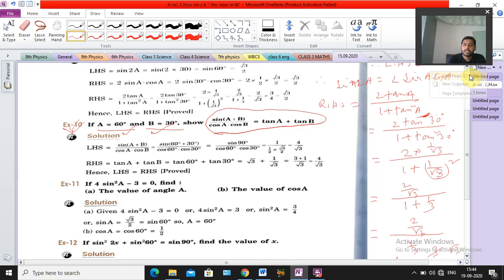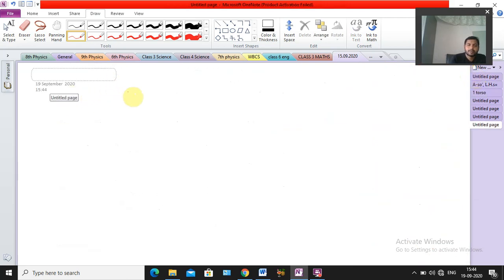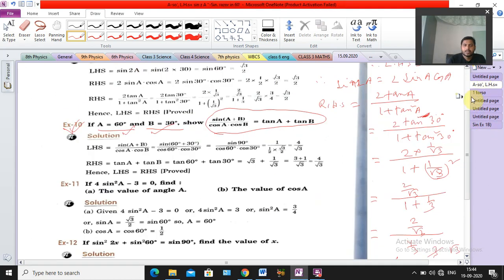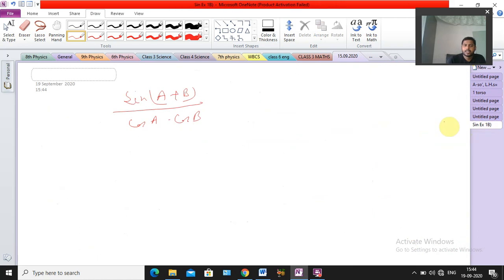Just see what I am doing here. At first I am writing sin(A+B) by cos A cos B equal to tan A plus tan B. What is the given data, sir?